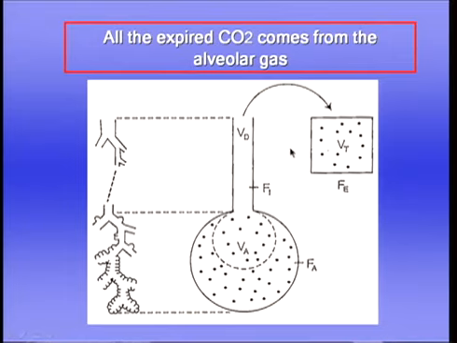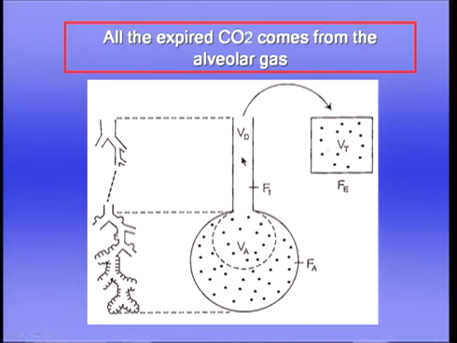This shows the same diagram as we had before, but it makes a slightly different point. The point it makes is that all of the CO2 in the expired gas comes from the alveolar compartment. Okay? As we said before, the expired tidal volume comes both from the dead space and from the alveolar compartment.